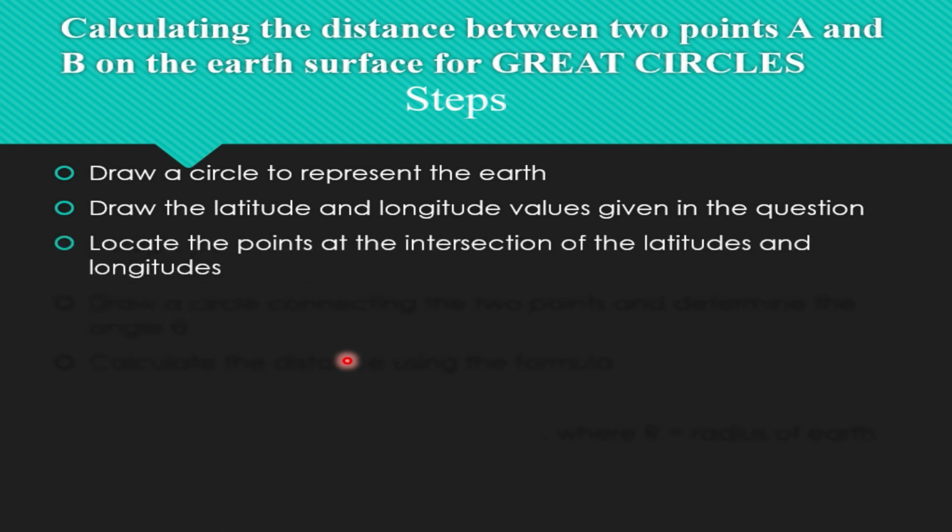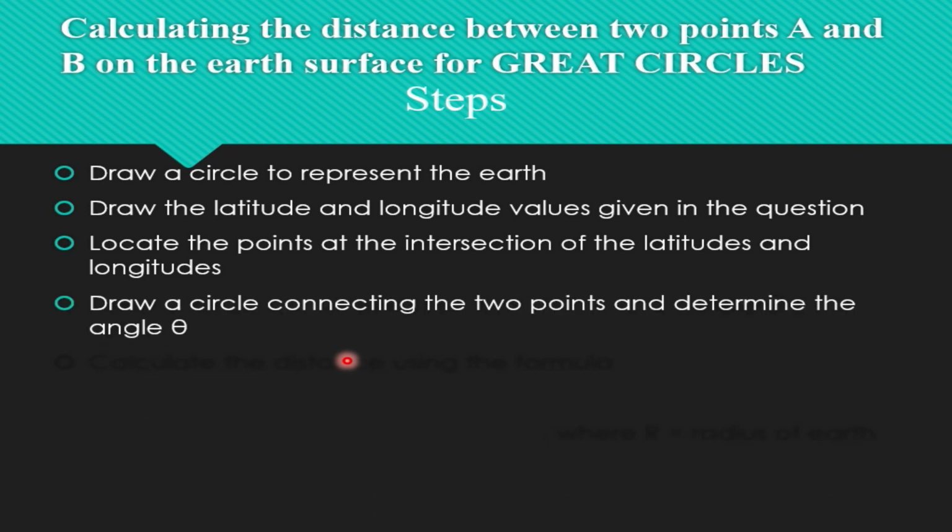The third step is that you have to locate the point at the intersection of the latitude and longitude. So in the question, maybe we have been given longitude and latitude. You draw those imaginary lines on the circle you have drawn, and when they intersect, that is where you locate the point and you label it, point A or point B, wherever the thing is moving from. Now draw a circle connecting the 2 points and determine the angle that is there.